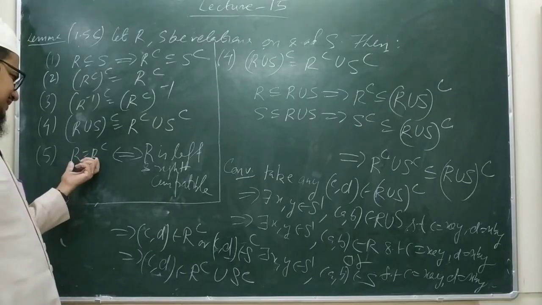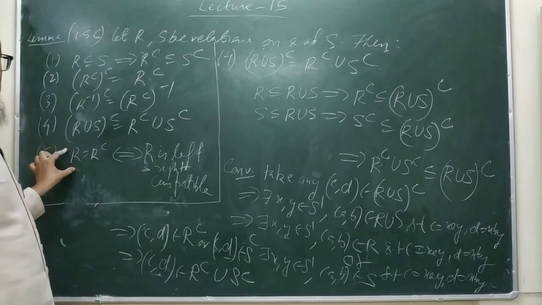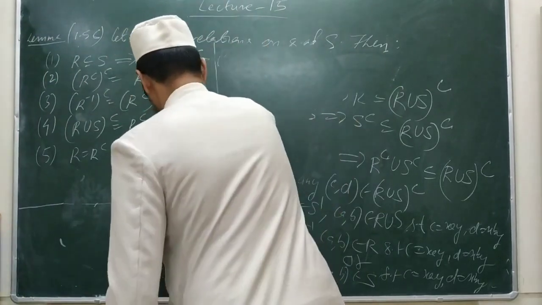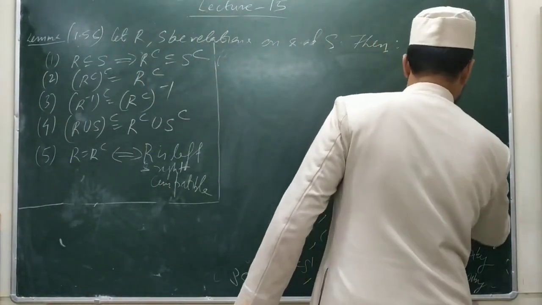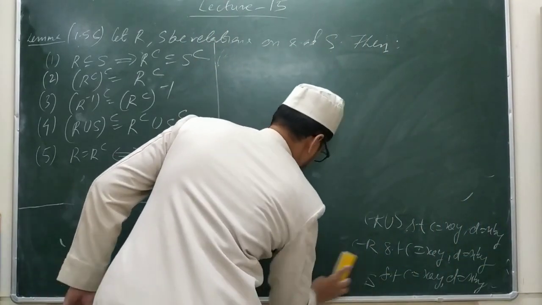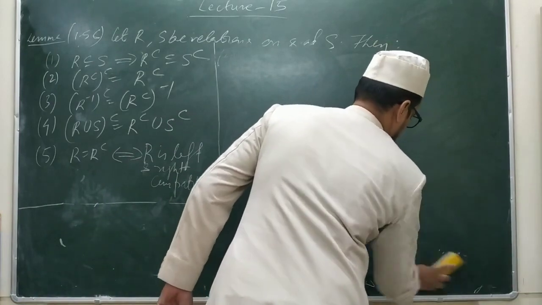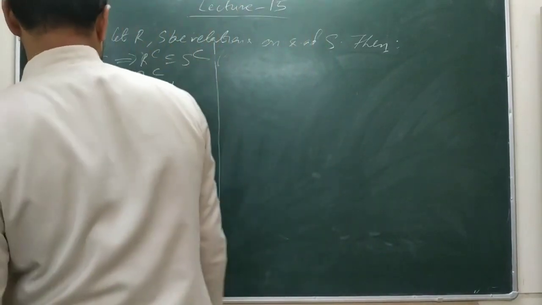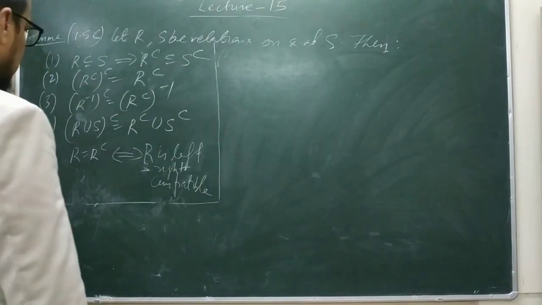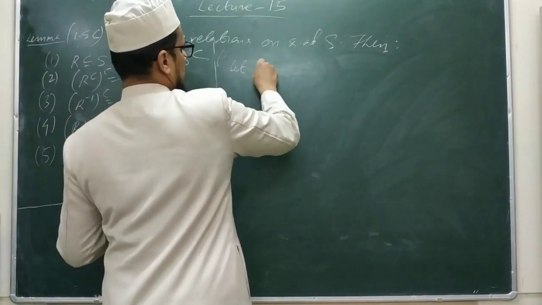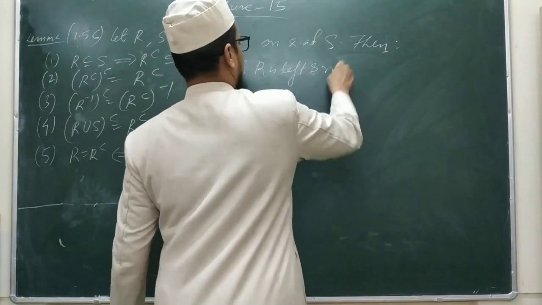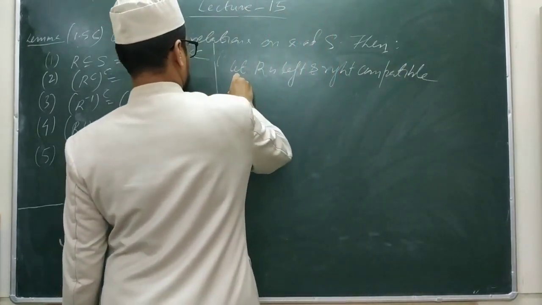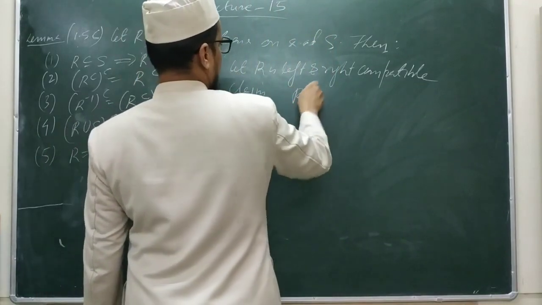You have to prove the converse part, that is RC is contained in R. So let R be left and right compatible. Then what is the claim? RC is contained in R.